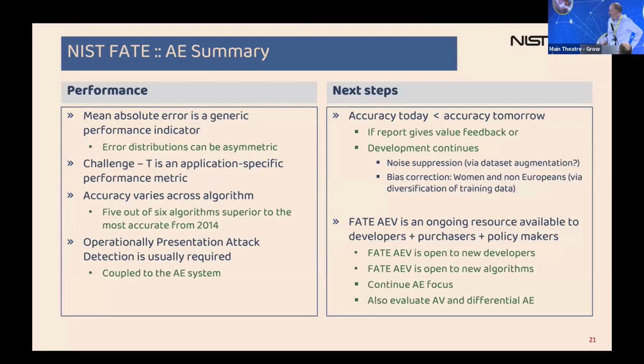So just a summary, mean absolute error, we tabulate this extensively in the report. It's a generic performance indicator. Error distributions are interesting to see what's in the tails: in the right tail, where images are overestimated, and also in the left tail, where things are underestimated.